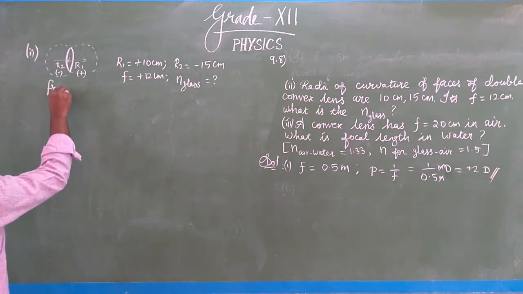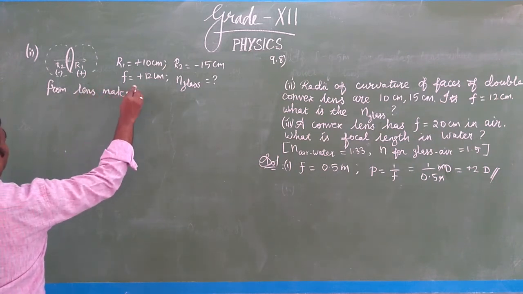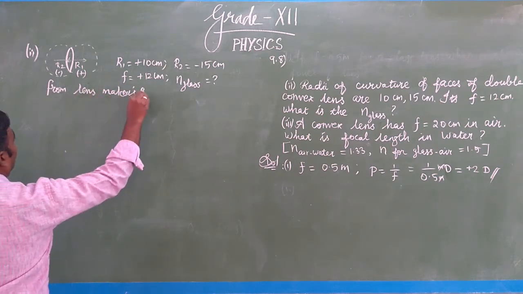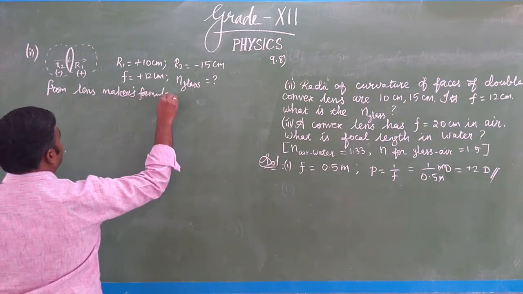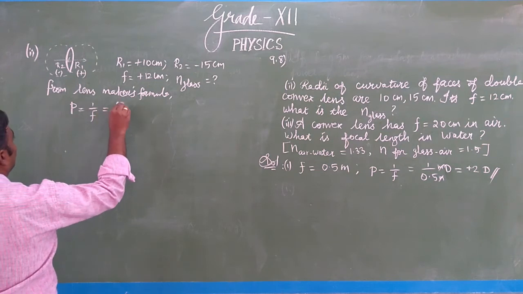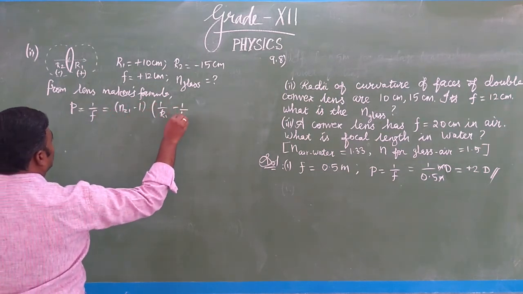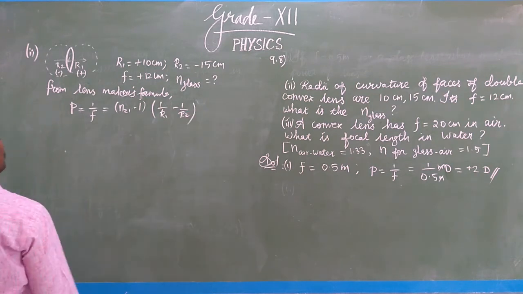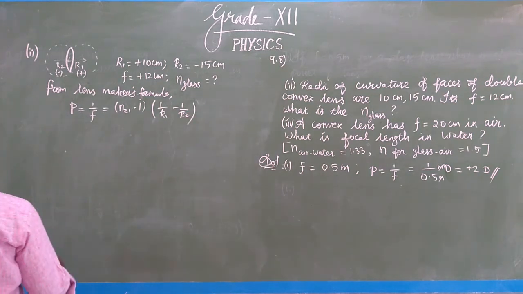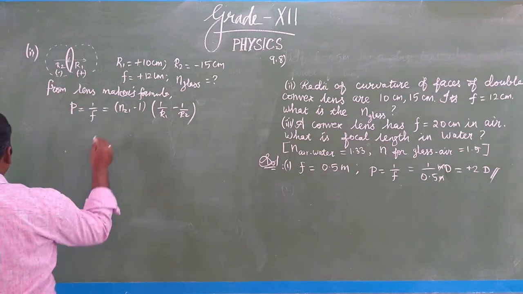From the lens maker formula, power is equal to 1 by f, which is equal to (n21 minus 1) into (1 by R1 minus 1 by R2). So in this question, f is 12.